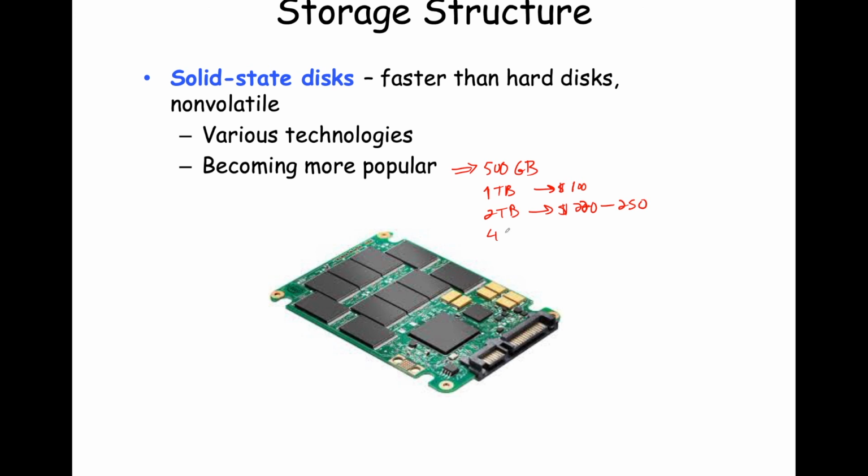And then if you go to a 4 terabyte SSD, that'll usually run you these days about $500 or so. Now you can go higher than that, but it gets really expensive really, really fast. Whereas if you get a 4 terabyte hard drive that just has the traditional disk platters, that'll run you probably about $150 to $200 for a very high quality one. So it's much, much cheaper to get a hard drive.